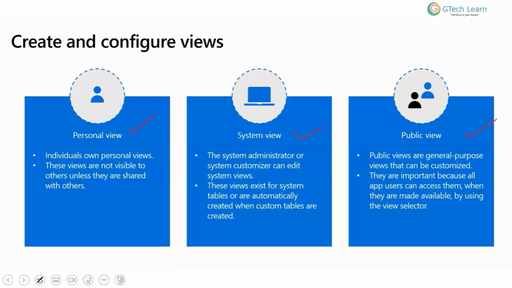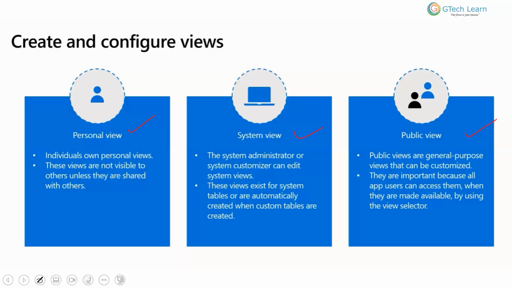These are known as system views, generated by the system administrator. However, you can make changes in them, whatever changes you want to make, whether you want to add a column, remove a column, or sort the data based on conditions, and so on.